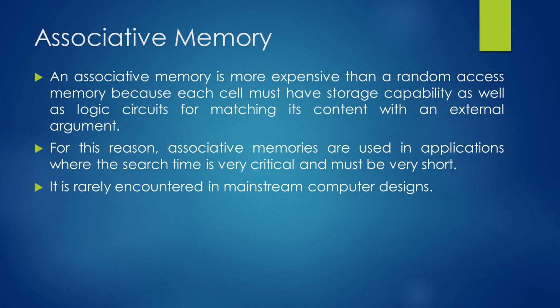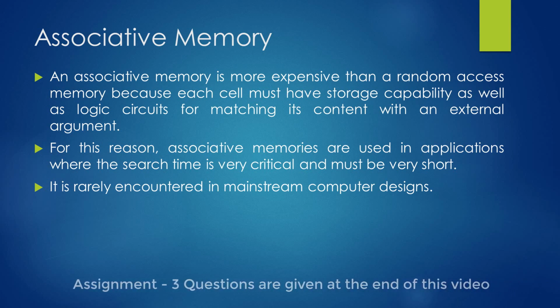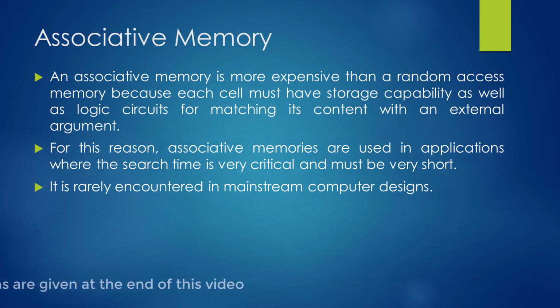Now we have already seen how associative memory works. Now a few points regarding that. Associative memory is more expensive than a random access memory because each cell must have storage capability as well as logic circuits for matching its content with an external argument.